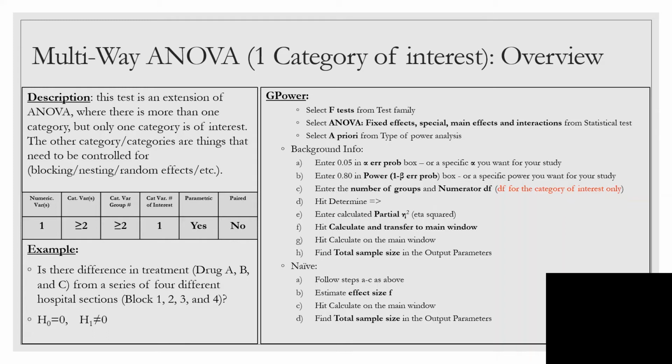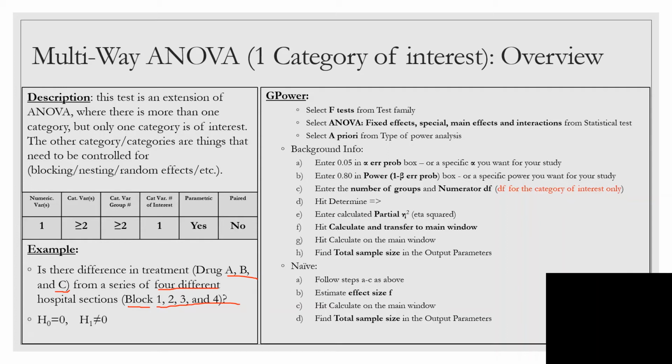But for this type of ANOVA, we actually only care about one category, and we want to control the other categories. These are often known as blocking effects, nesting effects, or random effects. A good example of this is: is there a difference in treatment, so drugs A, B, and C, from a series of 4 different hospitals? So we might call this a block.